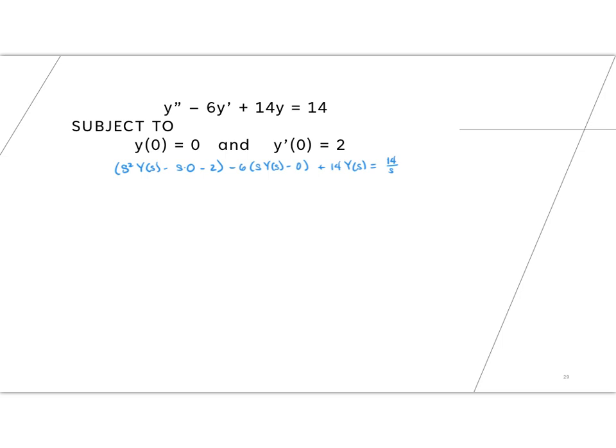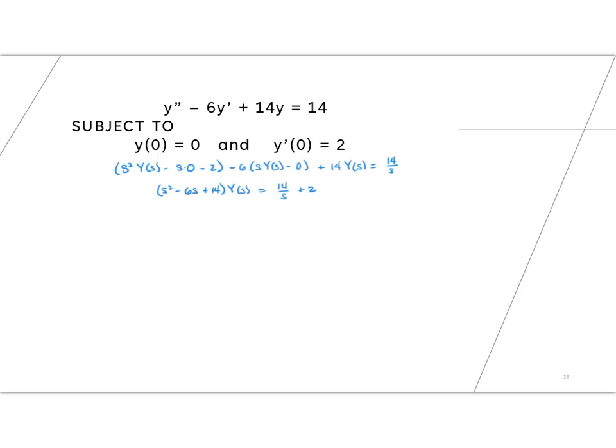If I solve this one explicitly for Y(s), I'm going to get s² minus 6s plus 14 times Y(s), and then I have 14 over s and add 2.